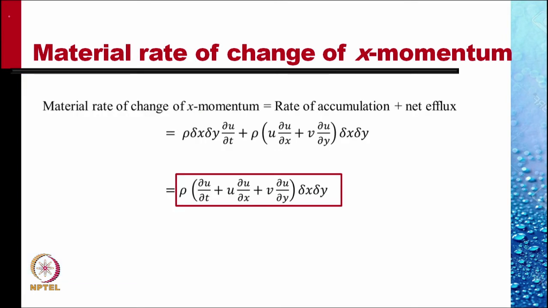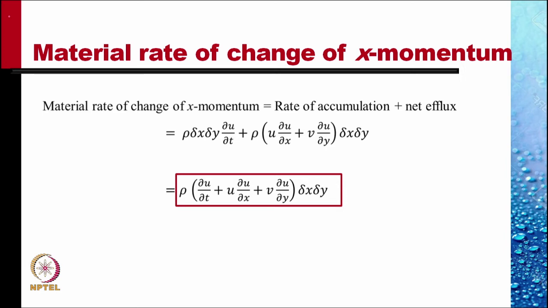So, the material rate of change of x momentum associated with the control volume, that is equal to the rate of accumulation plus the net efflux, becomes rho times del u by del t plus u del u by del x plus v del u by del y, into delta x delta y, within the red box.